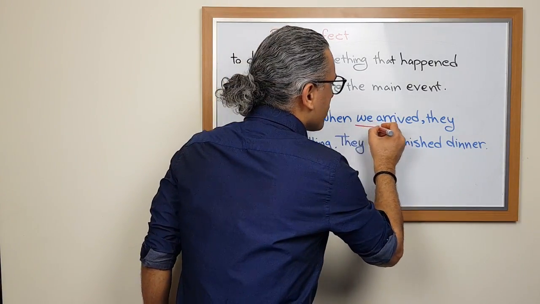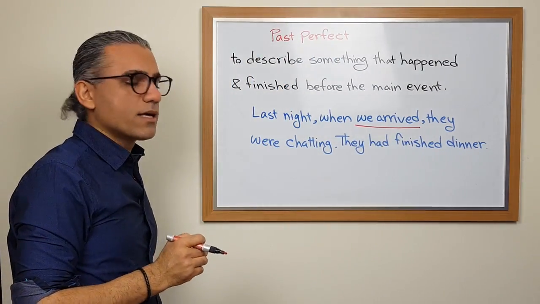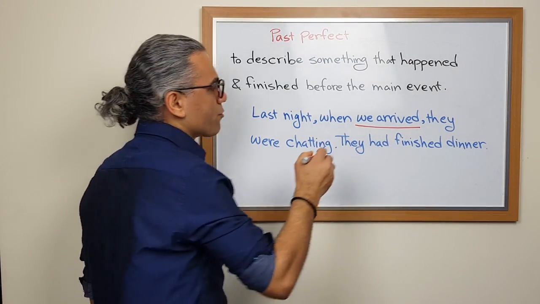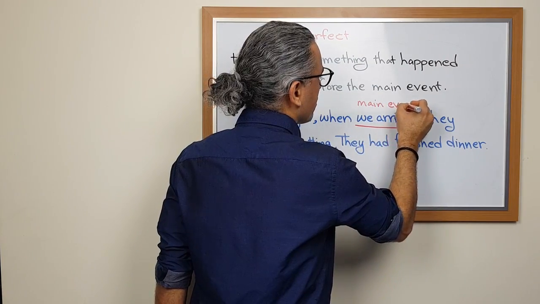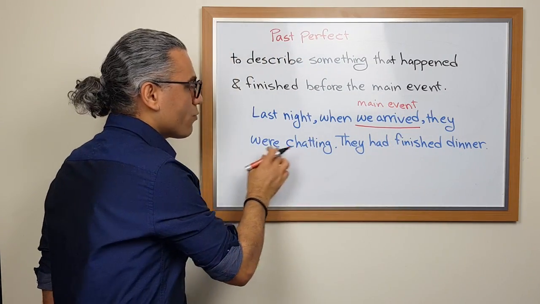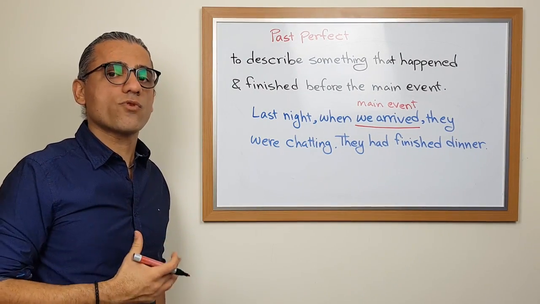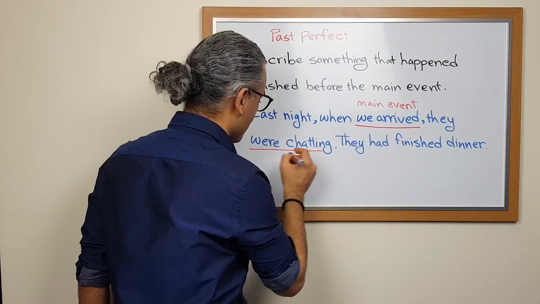When we arrived, this is in past simple, and it is indicative of a main event in your story. So this is your main event. They were chatting. This is in past continuous. So this is describing the background events of your story. So this is background.